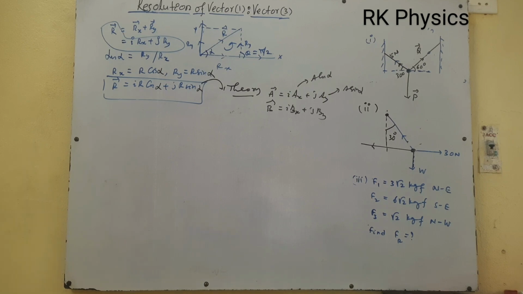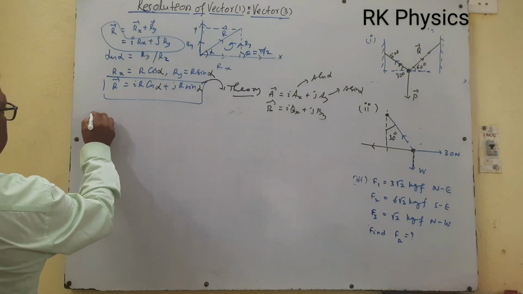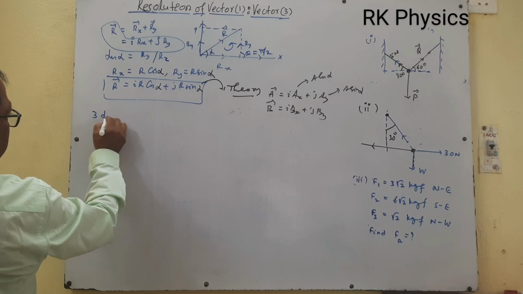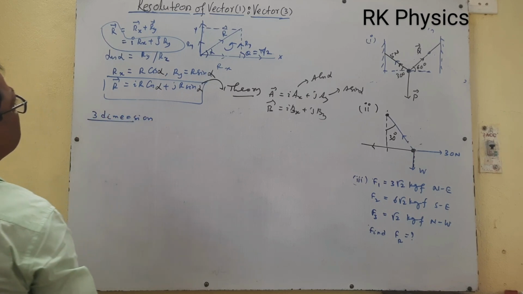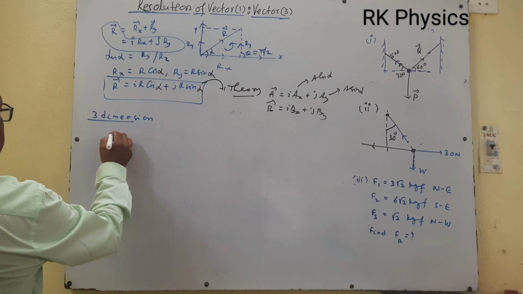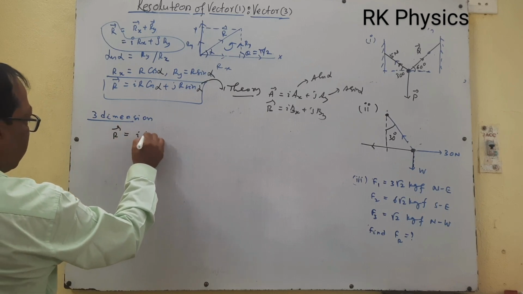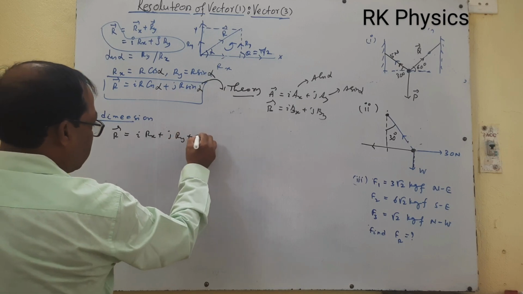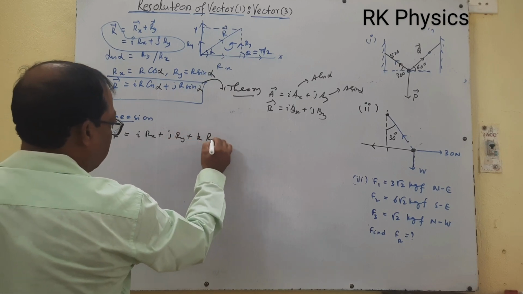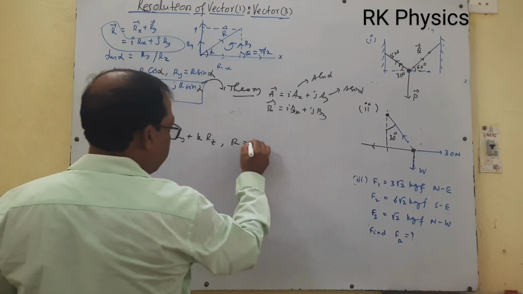Now this is your 3-dimensional system. In terms of 2-dimensional system, in terms of 3 dimension, now vector r can be written as i Rx plus j Ry. There is a third component along z direction, that is k unit vector along Rz. What is its magnitude?